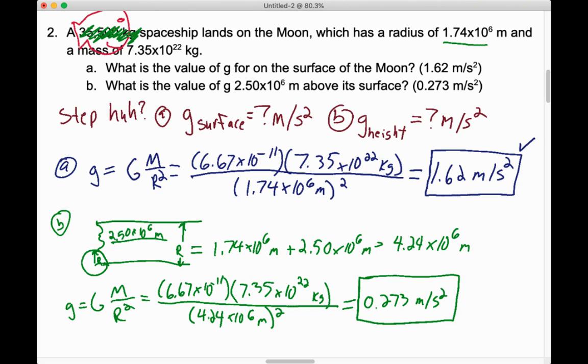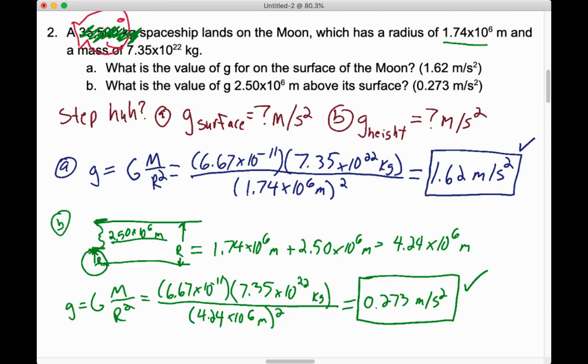Notice our answer for part B is smaller than our answer for part A. If you're some big distance off of the surface of the moon and you drop something, it makes sense that the local gravity, which is another name for little g, is not going to be as strong up here as it is right on the surface, because you're further away from the mass of the moon. So it does make sense that you get a smaller number. We're happy with this number, and we give it a check.